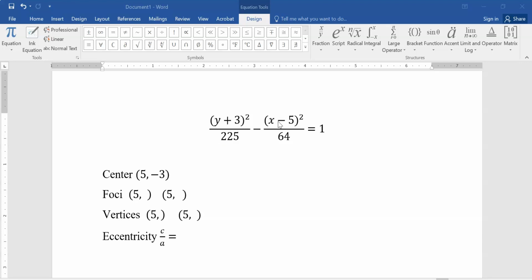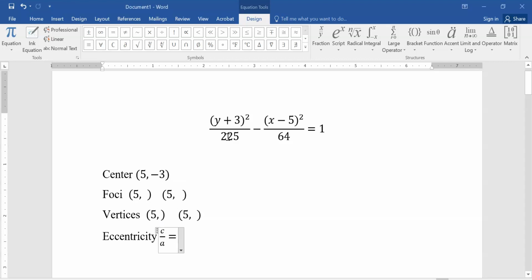So center: x minus 5 means my center has to have an x value of 5, y plus 3 means my center has to have a y value of negative 3. Now, notice that the positive component contains the y piece. Therefore, we're going to be adding and subtracting to the y value of the center to get our foci and our vertices.